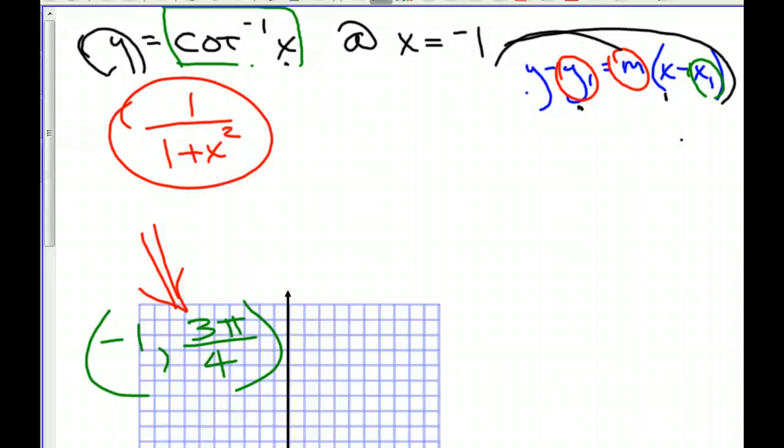I'm going to plug -1 in there and get a value, and that value will be my slope. So you're finding the derivative of y to find the slope? Yes. But I don't even have to actually find the derivative, because if you look on page 172, right here is the derivative of that tangent.